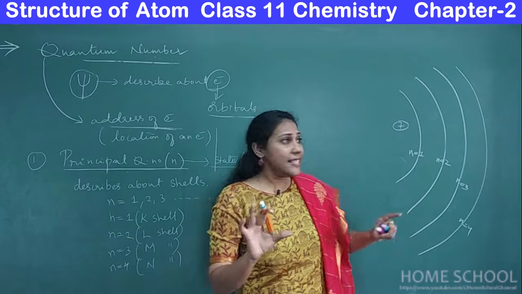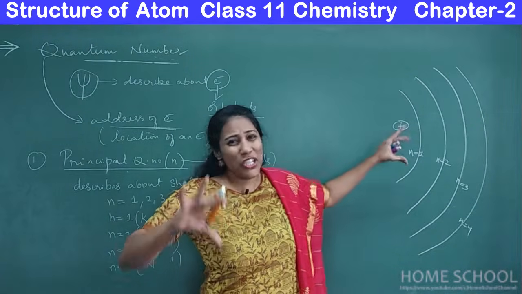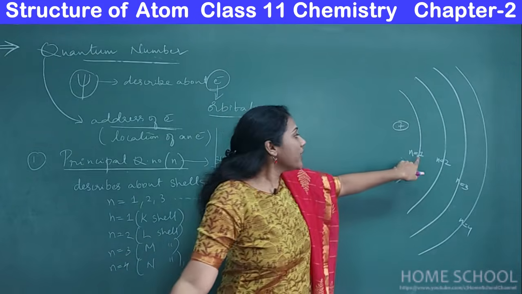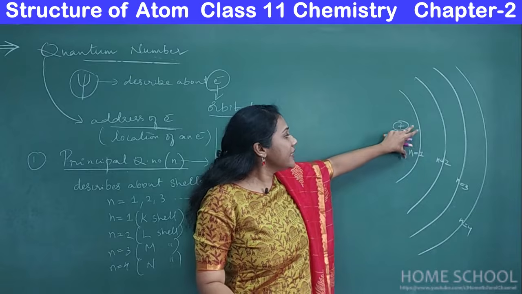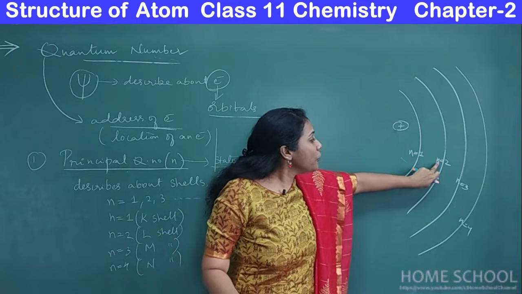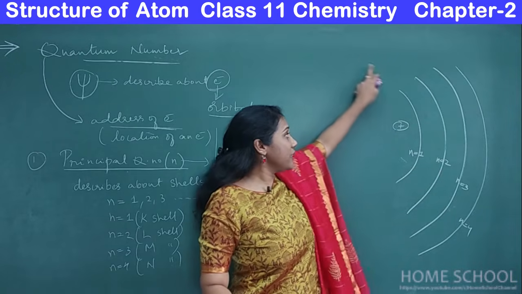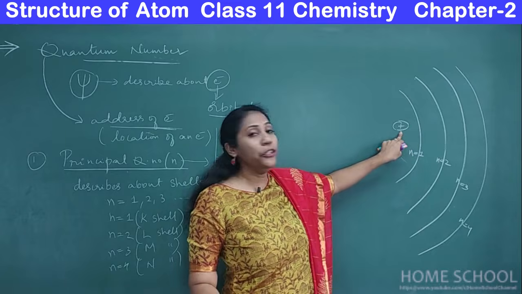Okay, so shell means it does not have a circular distinct boundary. It is just a region. K shell is the region just around the nucleus, very near to the nucleus. Whereas if you go to the second shell, it's a quite bigger region and it is quite far from the nucleus.